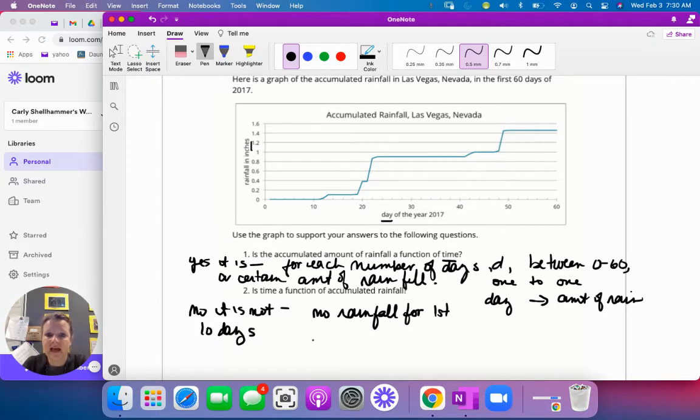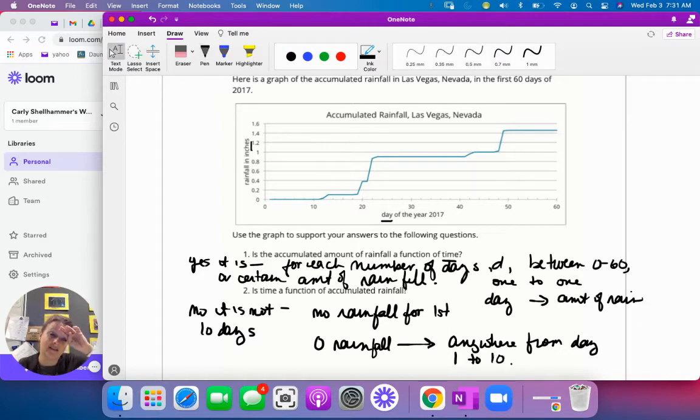So if I looked at 0 rainfall, that's not just day 1. That could be anywhere from day 1 to 10.